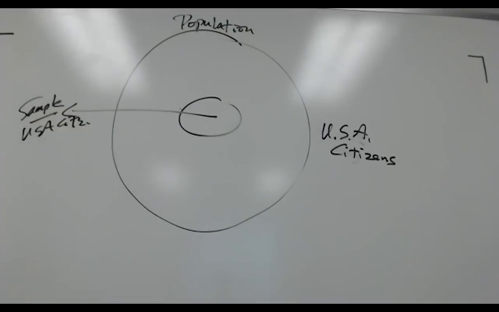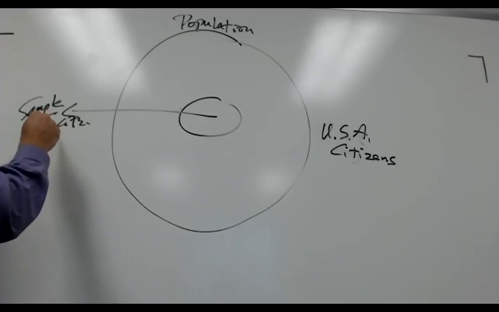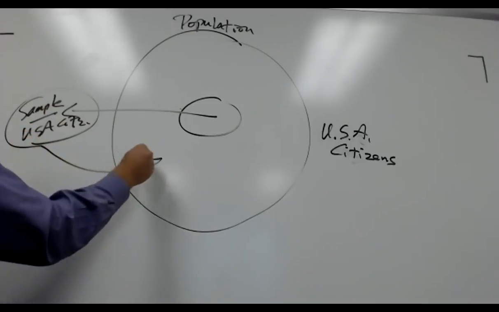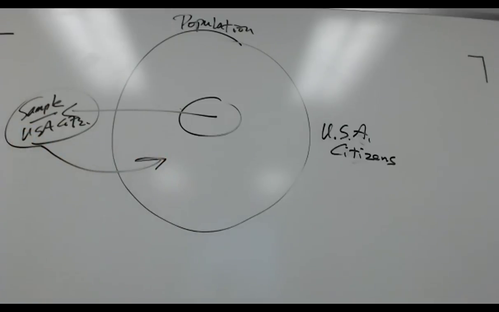How often do you watch TV? How often do you exercise? How often do you shop? How often do you engage in specific activities? Now, we do this as a way, from our sample, we're using the data that we pull from our sample to tell us something about the population.